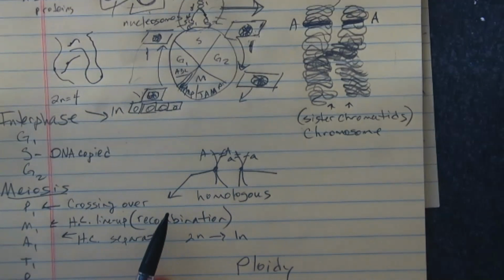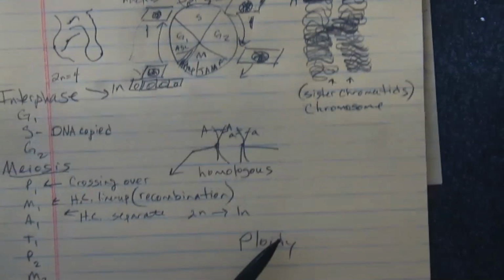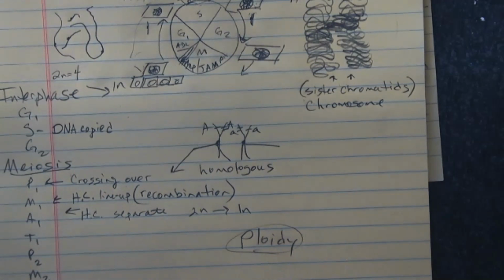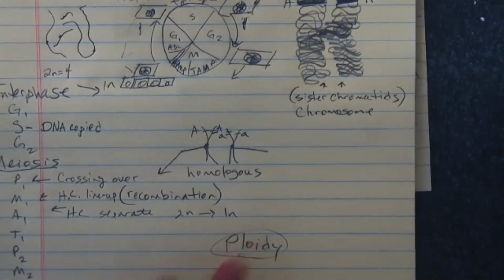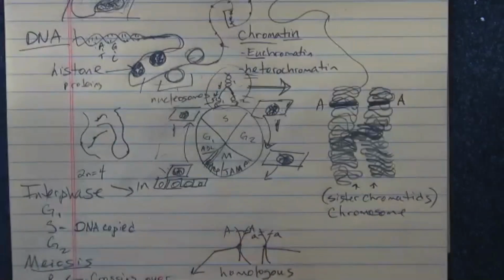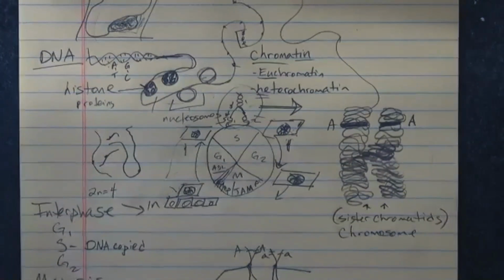You probably had to look up a lot of stuff, and hopefully you found some pictures that helped. The second part was the ploidy, which we may refer to again later in the semester. So that's a review of the topics we've covered, a big picture up until this point.